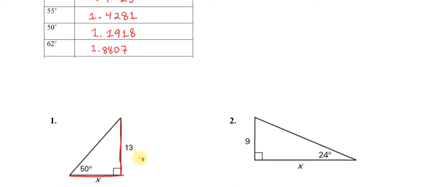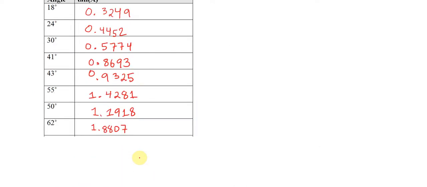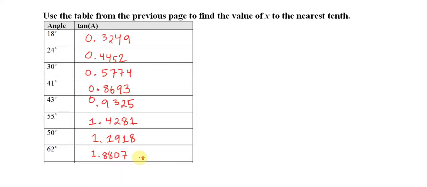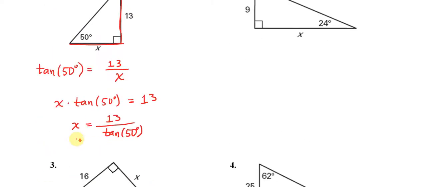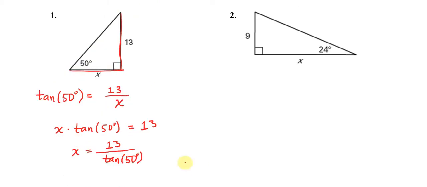And we can look at the table that we had before, that when the angle is equal to 50 degrees, then the tangent of that angle is equal to 1.1918. So I can make that substitution here. We get x is equal to 13 over 1.1918.